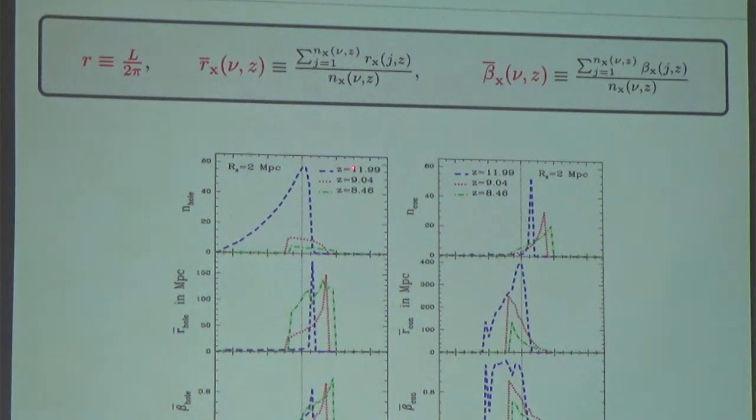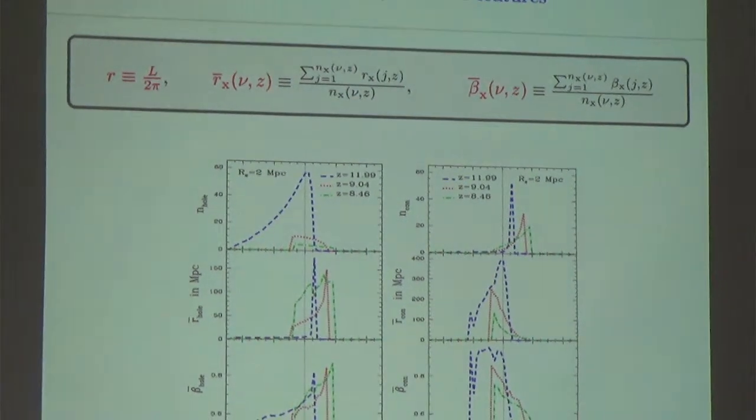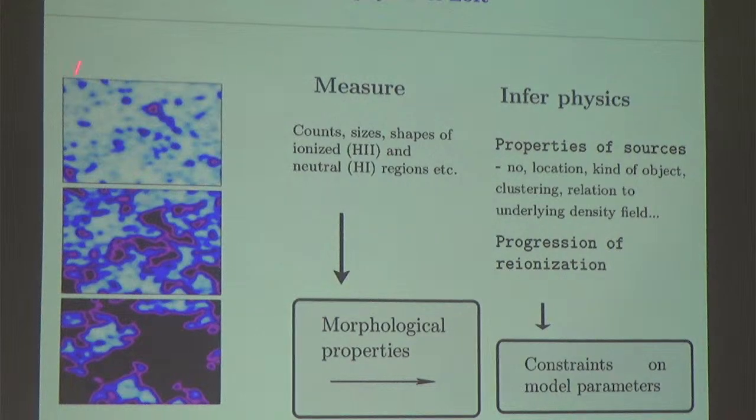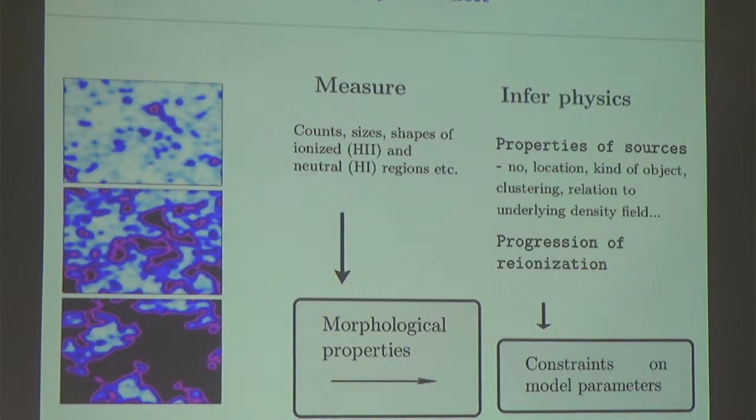So this is at different redshifts. I'm basically looking at the number of different kinds of structures, then the effective size of the different structures, and the other one is the shape, the elongation of the structures. So these are the three pieces of information I am looking at.